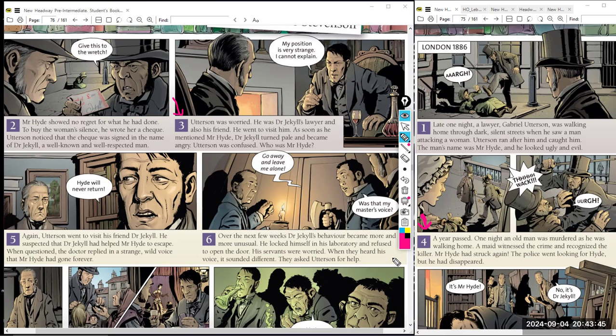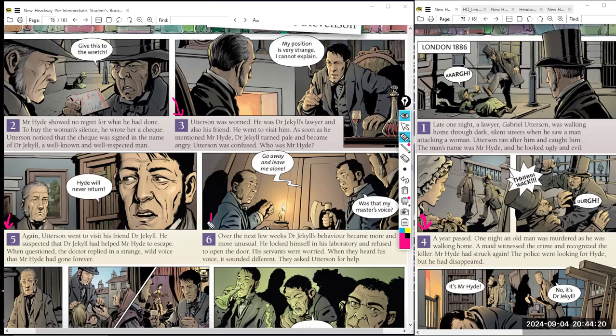The police went looking for Hyde, but he had disappeared. Five. Again, Utterson went to visit his friend Dr. Jekyll. He suspected that Dr. Jekyll had helped Mr. Hyde to escape. When questioned, the doctor replied in a strange, wild voice that Mr. Hyde had gone forever. Hyde will never return!